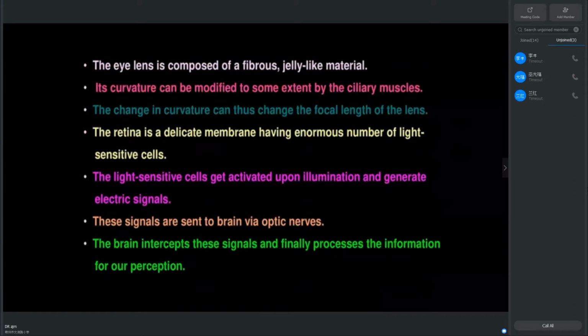The light sensitive cells get activated upon illumination and generate electrical signals, and these signals are sent to the brain via the optic nerves, and the brain interprets these signals and finally processes the information. That was the function and principle of our eyes.